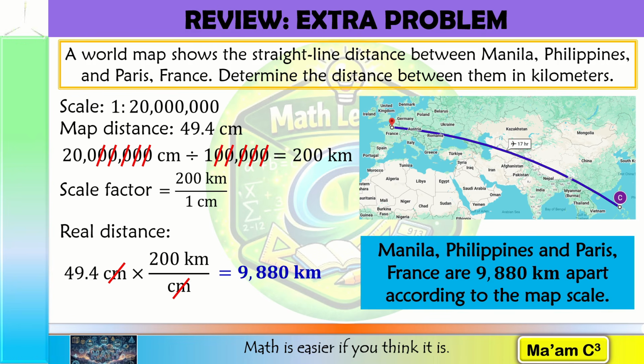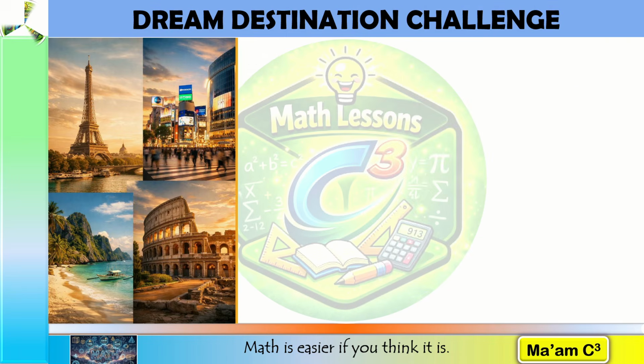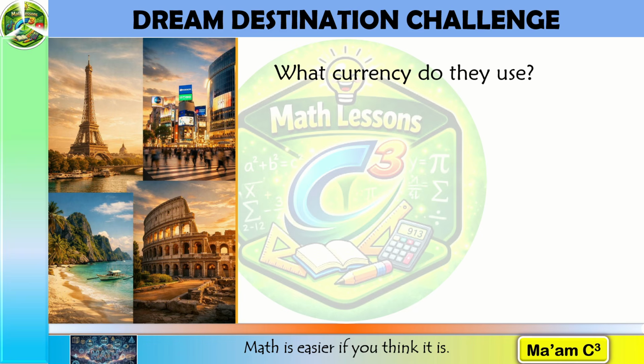Now that we've refreshed our knowledge about map scales, let's connect this idea to another important part of international travel, the currency. Do you still remember our dream destination challenge? Imagine you're packing your bags for a getaway. But wait, do you know what currency you'll need when you land?